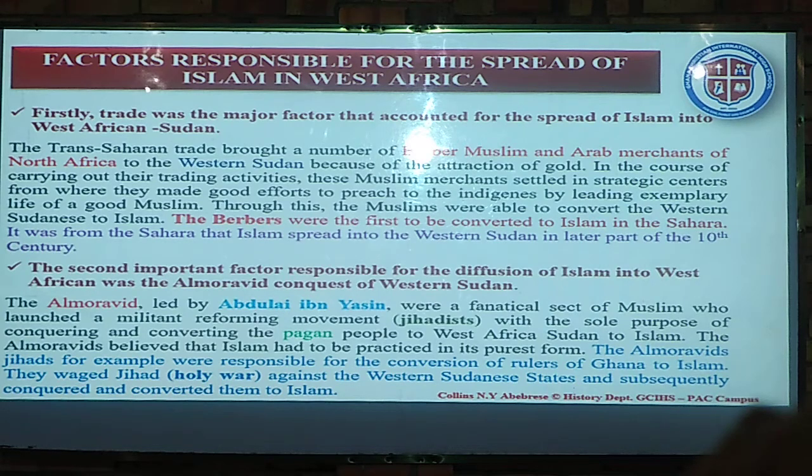So this group of people called the Almoravids were led by a certain man called Abdallah ibn Yassin. And these were a fanatic sect of Muslims. When you say somebody is fanatic, they are so crazy about their religion. Go and look for the meaning of a fanatic person.